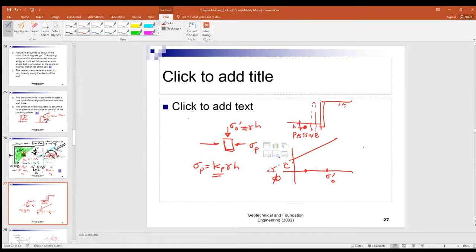So for this plane, you get this point. Now for this one, what about here? You get sigma p. Sigma p could be here. Now you can draw a Mohr circle.